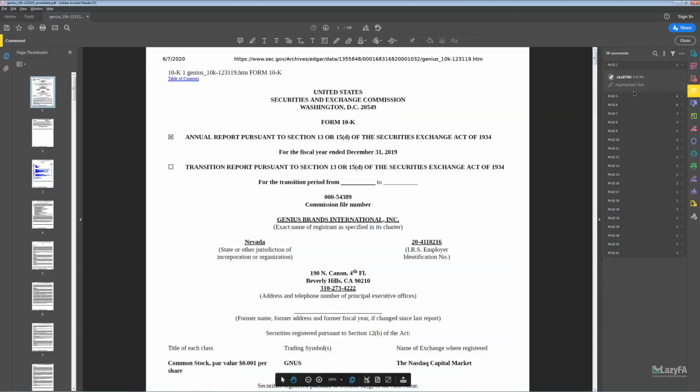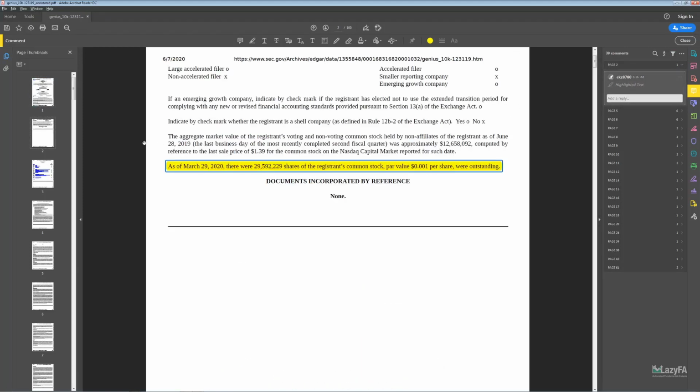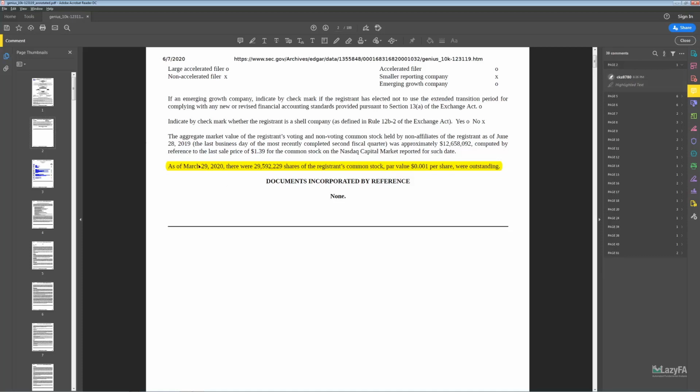So that's where this came from, and I went through and added a bunch of highlights to it. The first thing I do whenever I look at a 10K report is, on one of the first couple of pages, find how many shares are outstanding. That way I can get an idea of their market cap by multiplying the shares outstanding by the share price, and judge the market cap relative to how much money they make.